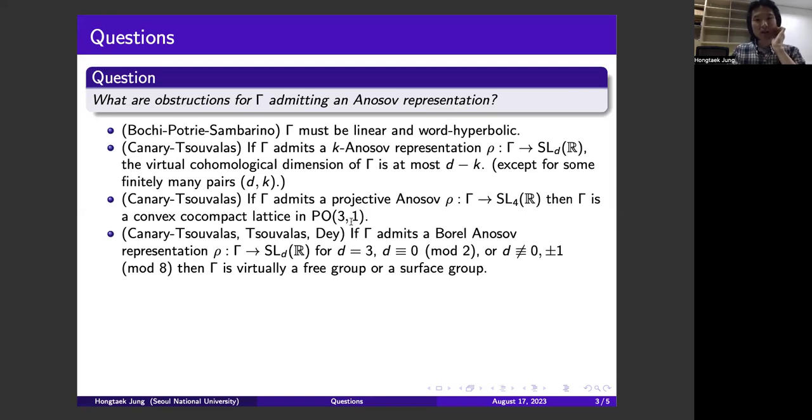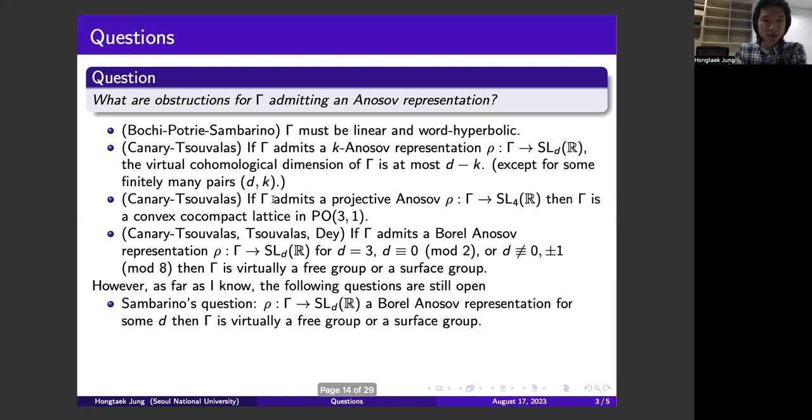So these are the known obstructions for Gamma admitting an Anosov representation, but there are still open questions.